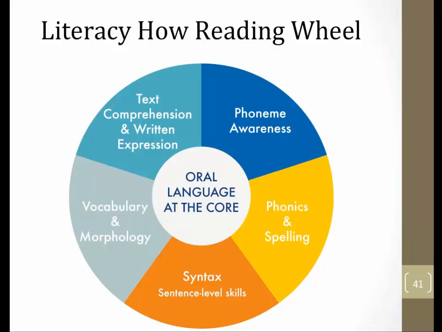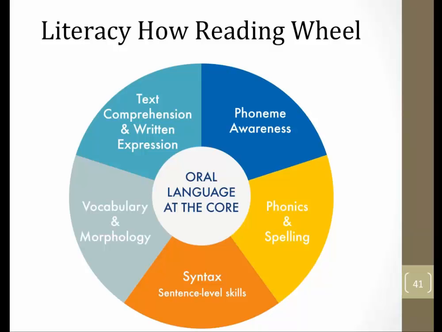The Literacy How Reading Wheel was created to have a visual of the core components of comprehension. The 5 core components that the National Reading Panel identified in 2000 were phonemic awareness, phonics, vocabulary, fluency, and comprehension.